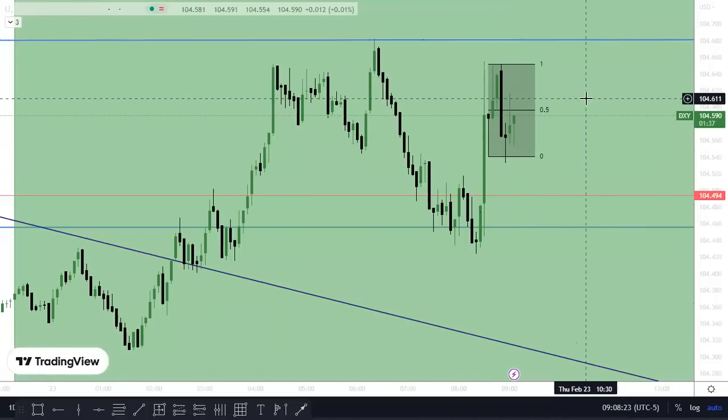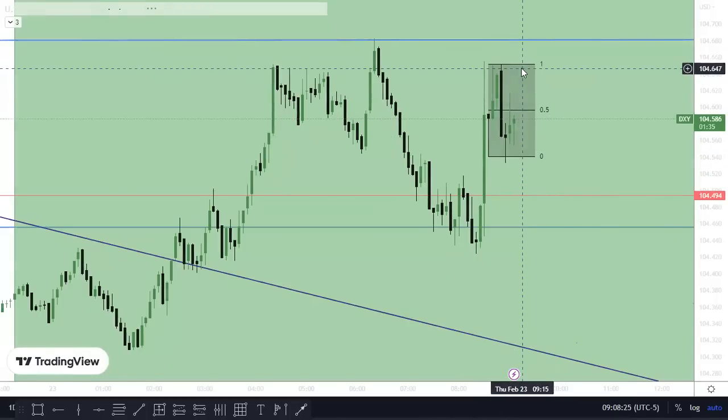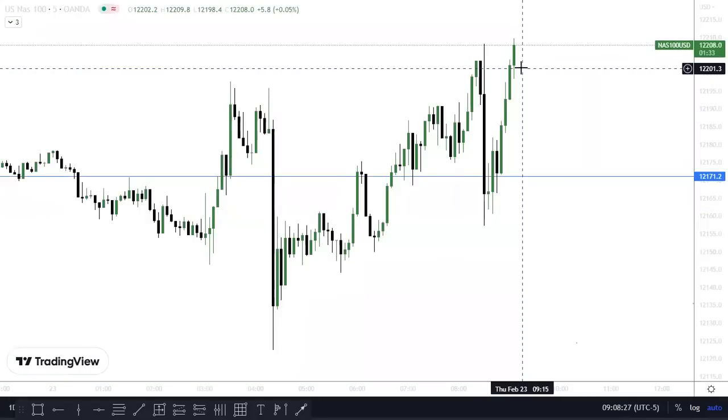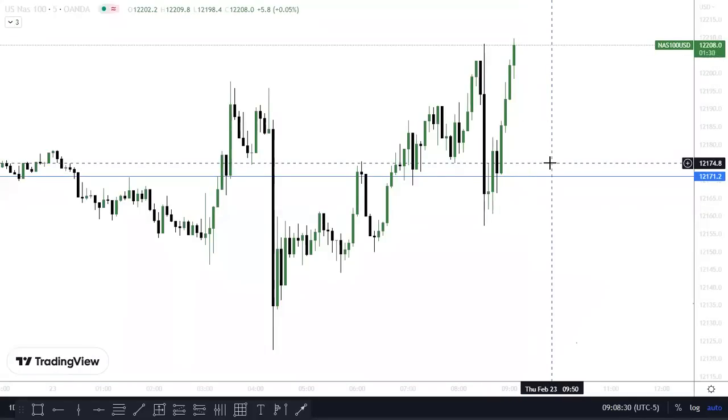Just a correlation crack. DXY going higher, NAS going higher. I don't recall seeing that. Correlation crack. Where did my analysis go?